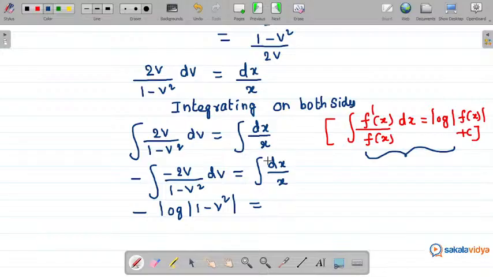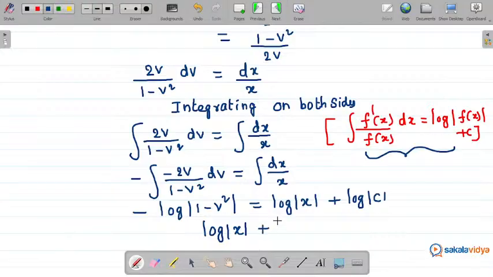So the integral of 1 by x dx is log mod x plus log mod c. Write it like this, because all functions are in terms of log, so the constant can be expressed in terms of log also, log c. Now bring this minus log 1 minus v square to this side, and log c to this side also. We can write log of mod x plus log of mod 1 minus v square is equal to log mod c.